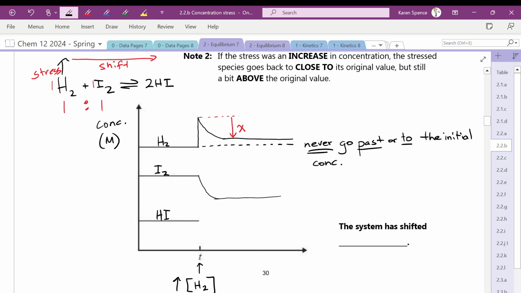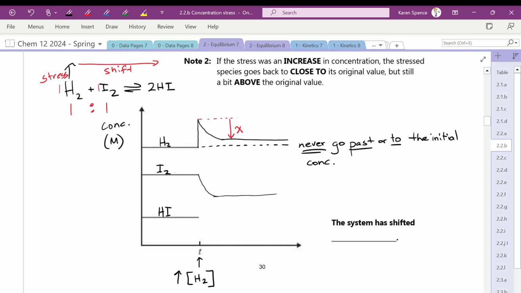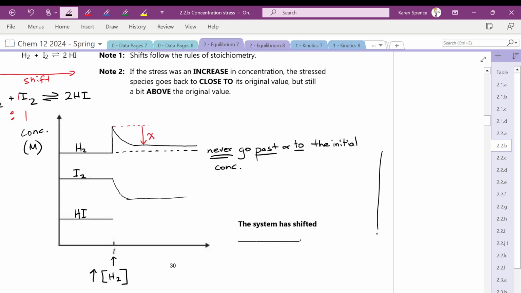But if I'm not good at drawing, and I drew my H going down like that, and my I2 going down like that, number one, I don't want the scoopy curve, but number two, I want these two to be the same distance. If I label this one X and I label this one X, even if my drawing is crap, I know that you meant them to be the same size.